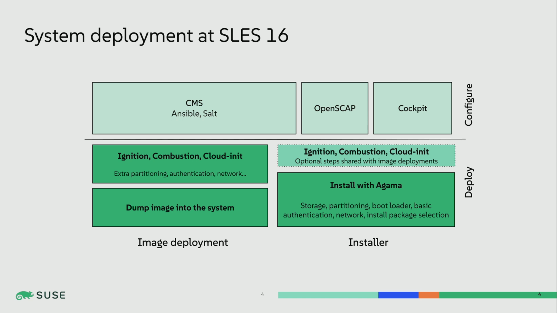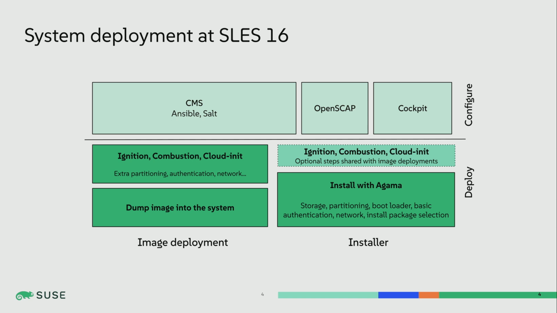And from that point, you should be able to use Ansible, Salt, etc. So we want that whatever method we are using for deployment, a more modern image-based one or a more traditional installation similar to YaST, both systems will look the same from that line above. For the configuration tools, for Ansible, for Cockpit, it shouldn't matter how you deploy the system.